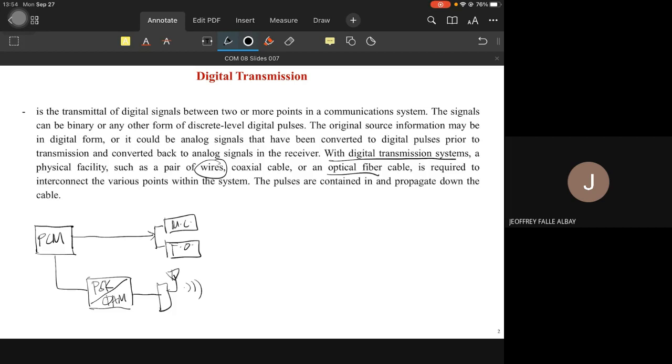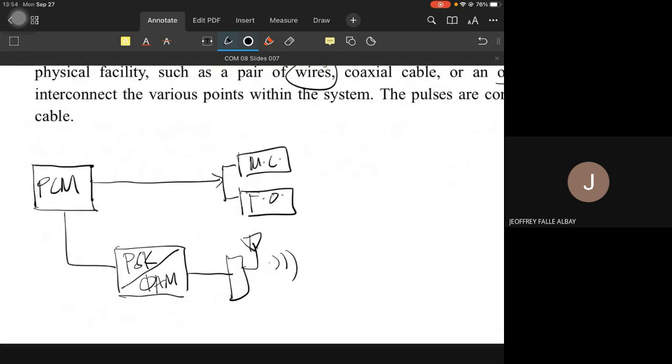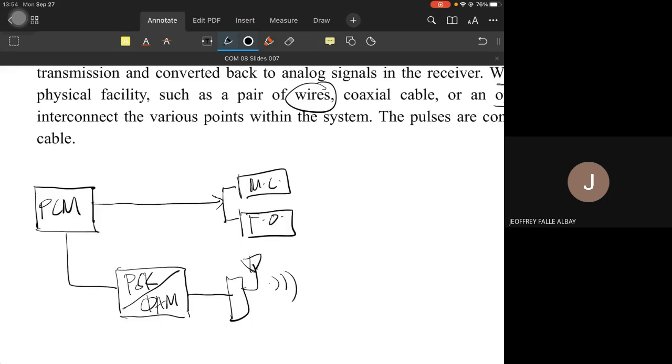You noticed before when we studied digital modulation, the input to the transmitter systems is streams of ones and zeros. It's possible that it came from a PCM system.